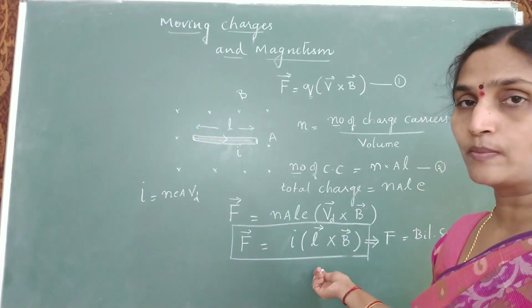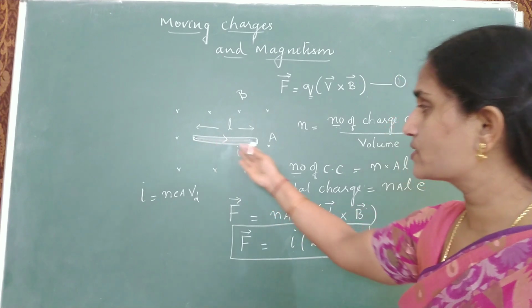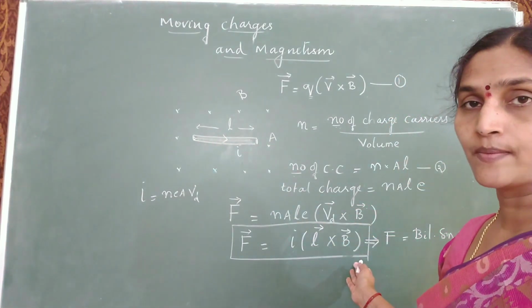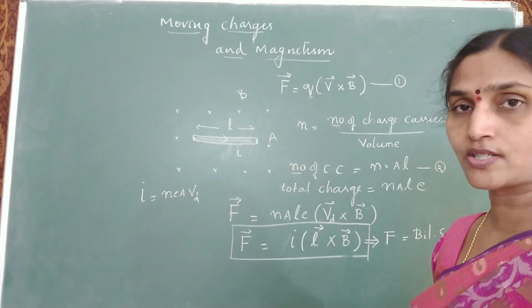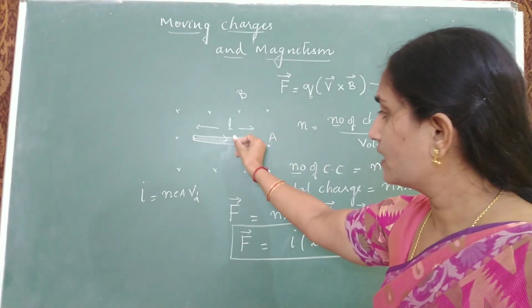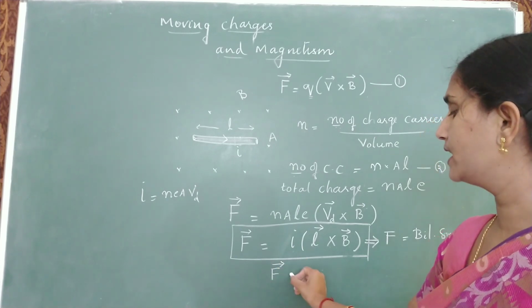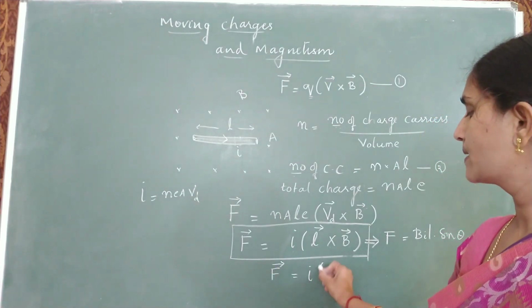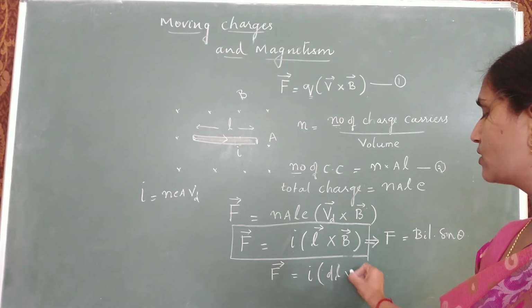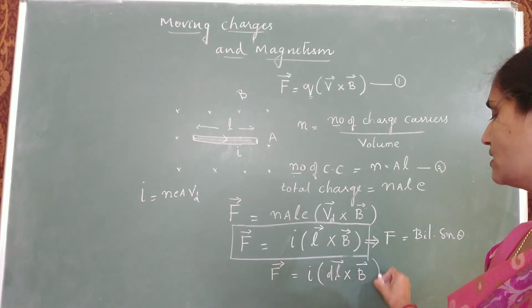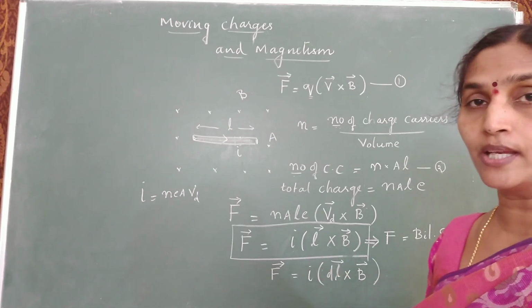And the second point to remember is, if your conductor is straight, then we will write it as I into L cross B. But if it is not a straight conductor, then take a small element of it. For that element, if you calculate the magnetic force, it will be I into dl cross B. If it is a straight conductor, we write the complete length.